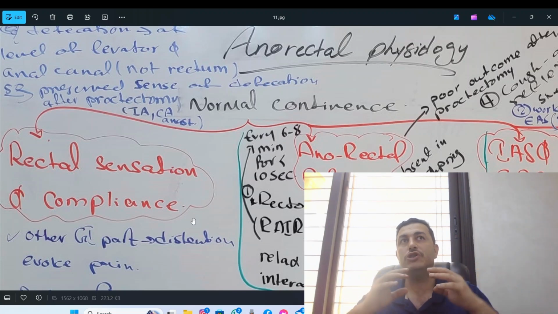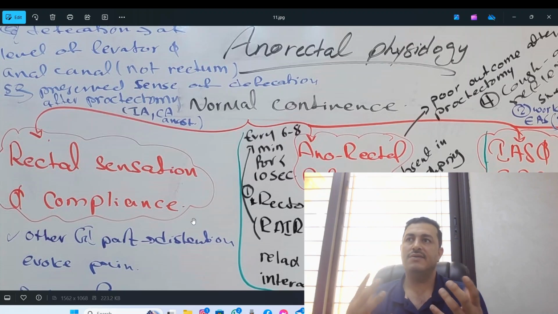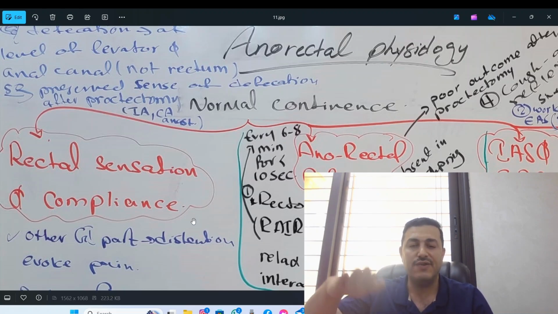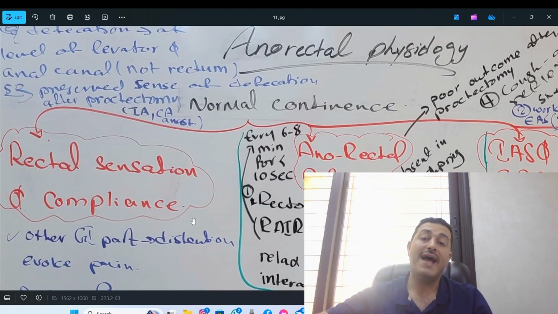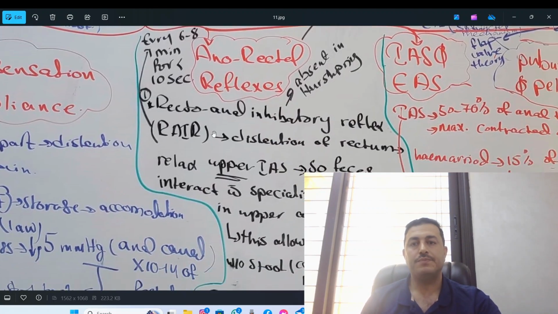Here we feel the defecation, and this may explain why the defecation process may be normal, preserved, in a patient after proctectomy. We remove the rectum, but the defecation process is normal because the sense of defecation is at the last part of the rectum and the beginning of the anal canal. Okay, this is one.